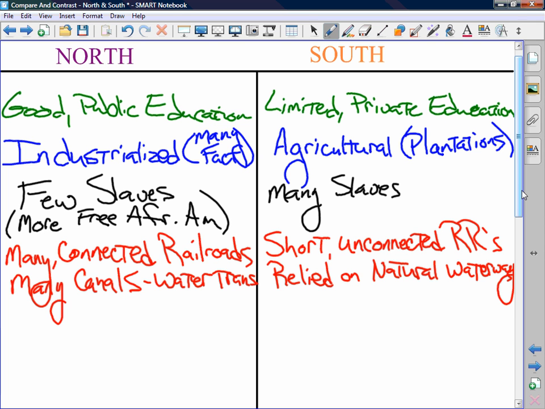Roads. How can we compare the North's roads to the Southern roads? In the transportation section of your notes from chapter 15. Presentation. Who here did transportation by land? Okay. What can you tell us about the roads?